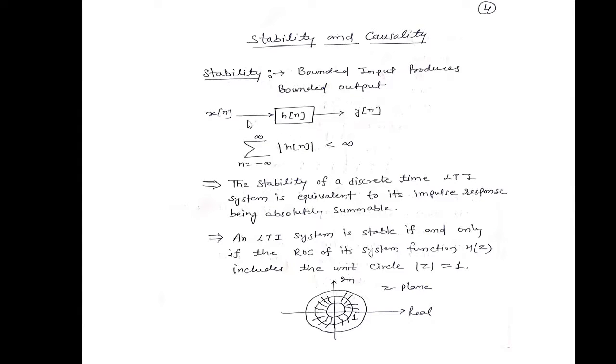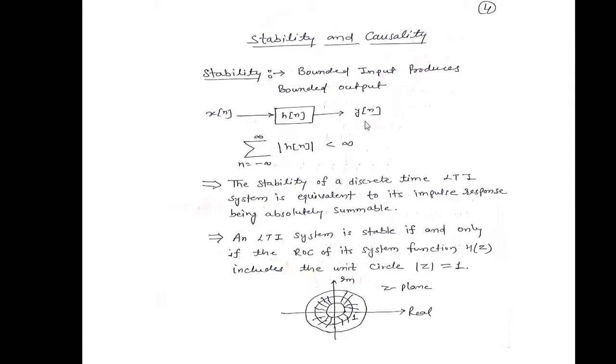So if any x of n is given to h of n, which has a value less than infinite, then when h of n is finite and any signal is applied to that LTI system, the result will be finite.